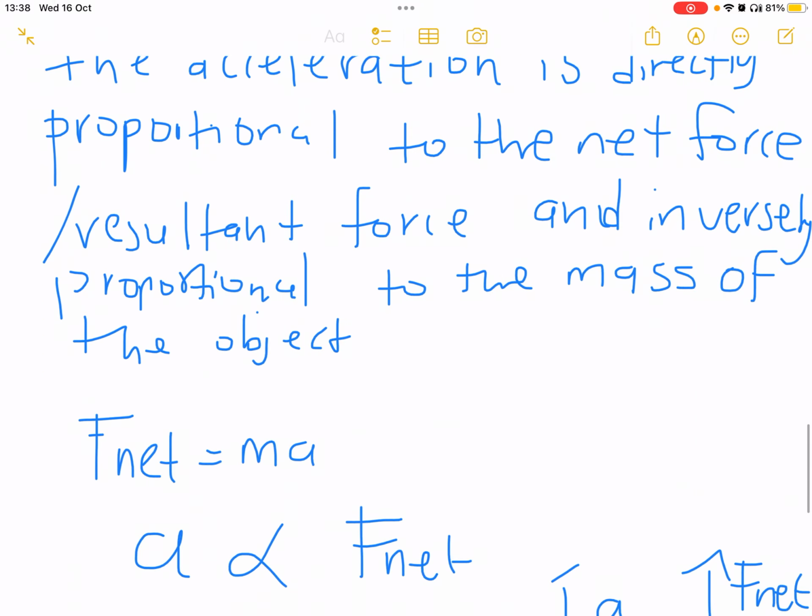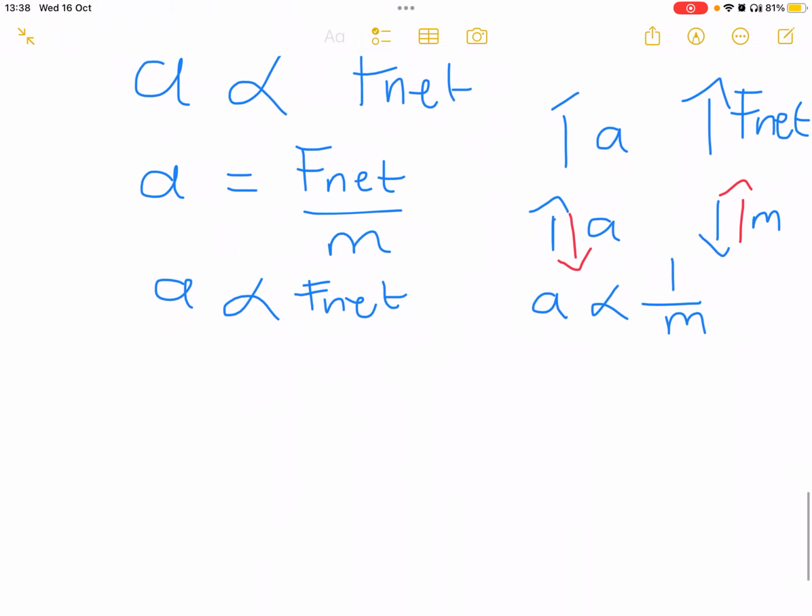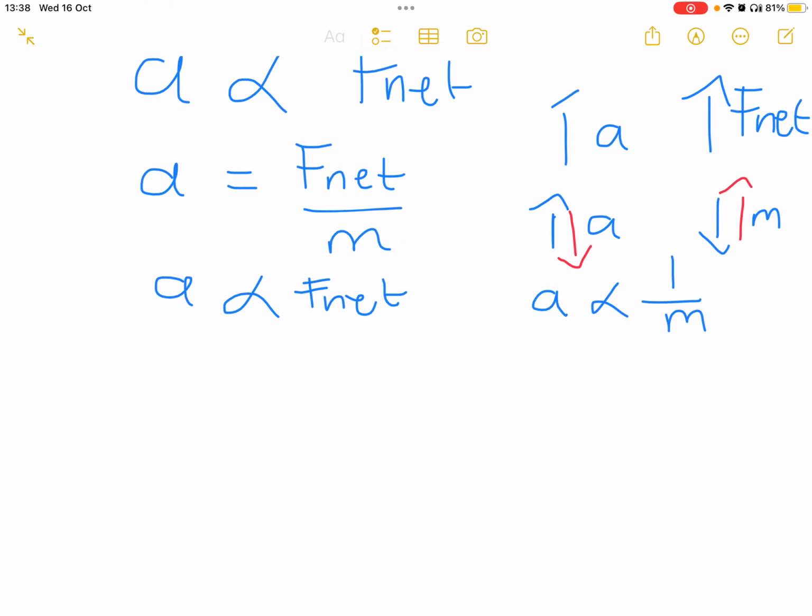Well, I think I need to correct something here. An increase in A doesn't necessarily mean a decrease in M, because you will have to have a constant M if A is changing.